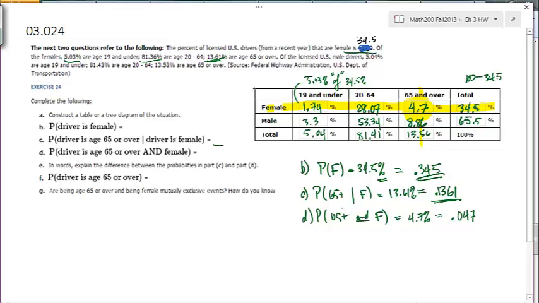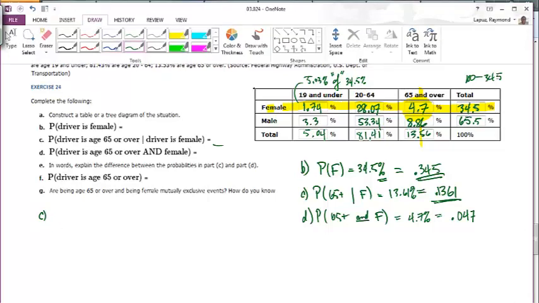So what is the difference between C and D? In words, let's try to describe it in words. We'll say C, this is our answer. Actually, let's change pens here.